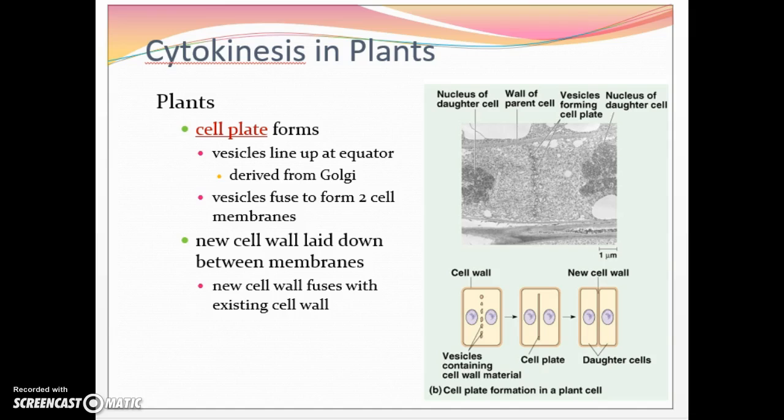These vesicles move along the microtubules to the middle of the cell, where they actually join together to now form a cell plate. That new cell wall basically is being laid down by these materials between the membranes, and they're actually going to fuse into the existing cell wall until we have two separate cells.